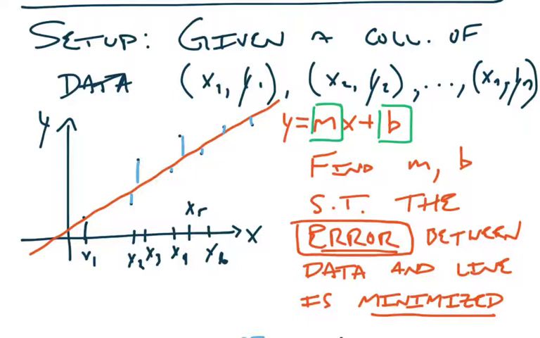So, what is the right kind of error to consider? That's a question you should be asking yourself. And the short answer is that there is no right error in any given setting. There's merits and there's downfalls to using all sorts of different kinds.